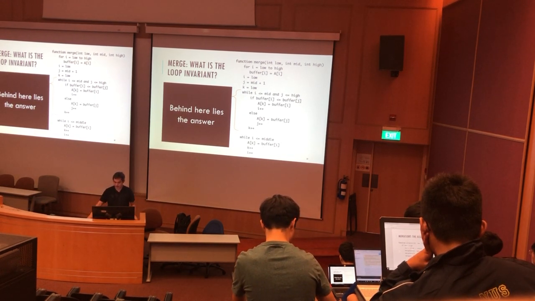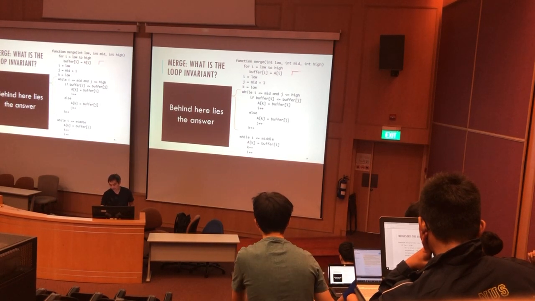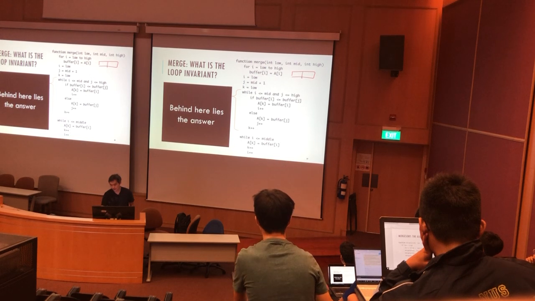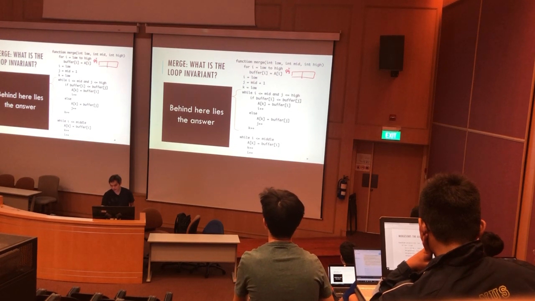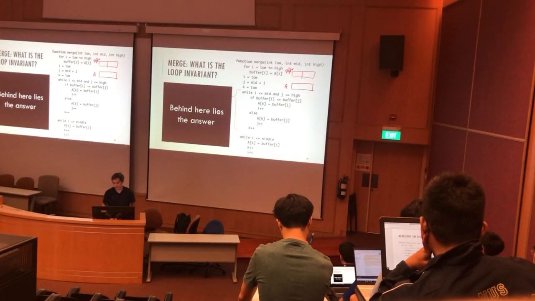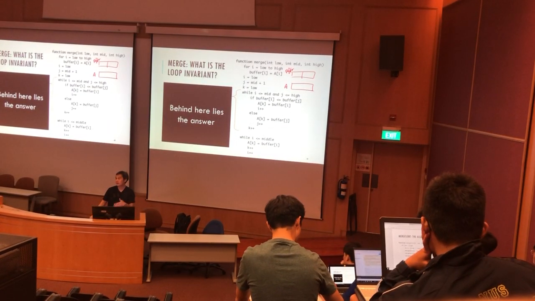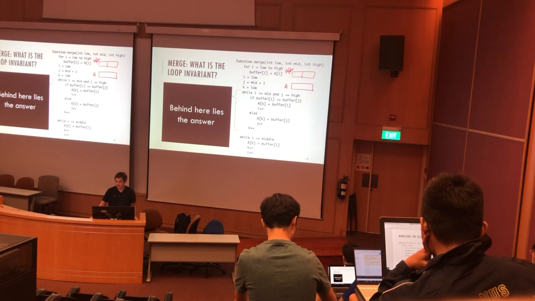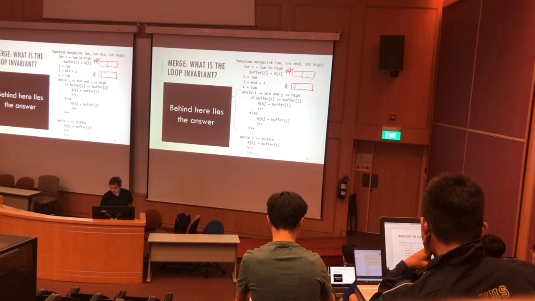Imagine I'm copying everything to some buffer, and the buffer has some midpoint here. I'm copying everything to this new array A, step by step. So what is it that I want to make sure?